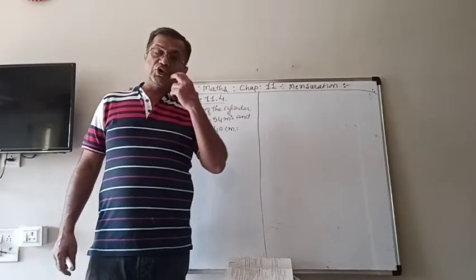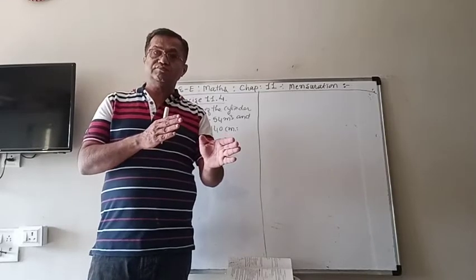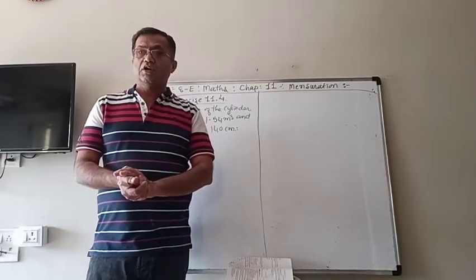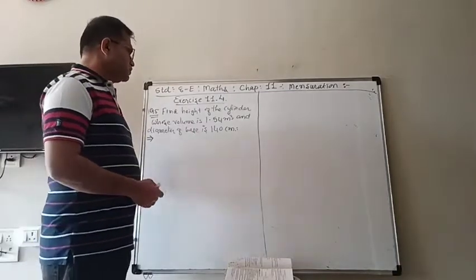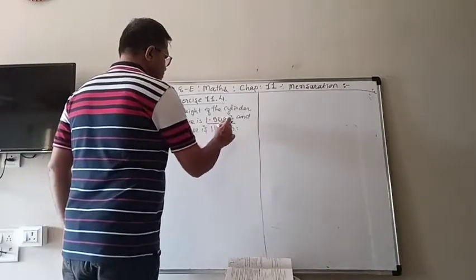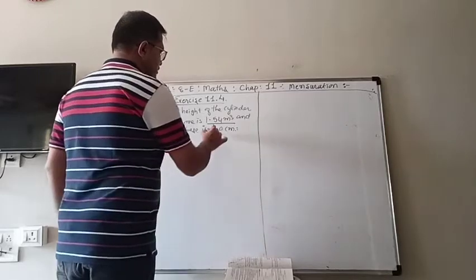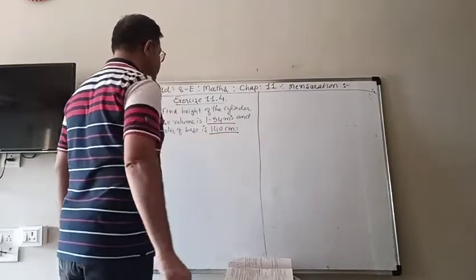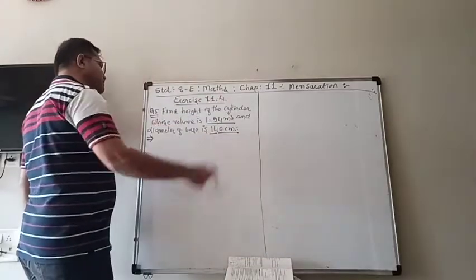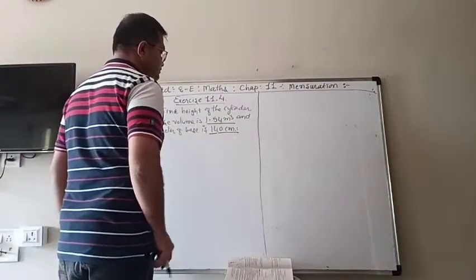Here if you don't change the units, your answer will be wrong. So here it is very important, that is in centimeter, that is in meter. So centimeter can be converted into meter.